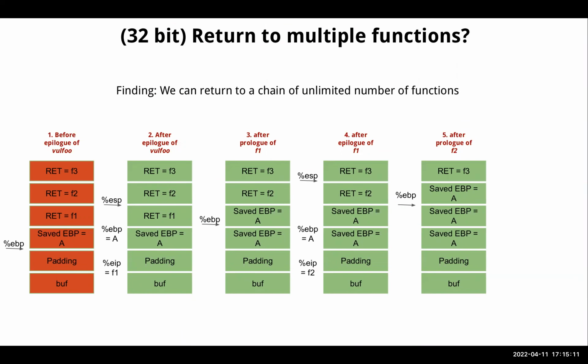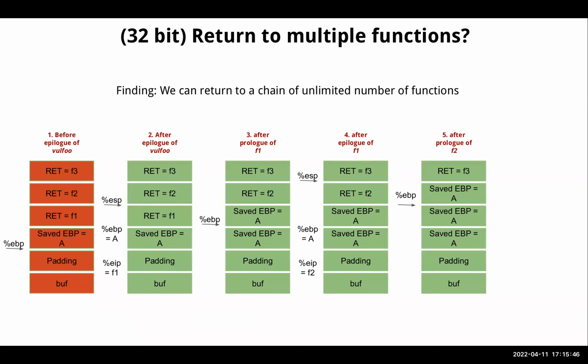So that's a history of ROP. Then let's see how ROP really works. Recall that in return-to-libc, or it doesn't have to be libc, return to any function in the address space of the victim program, if the functions we are returning to do not have any arguments, technically we can chain unlimited numbers of functions together.